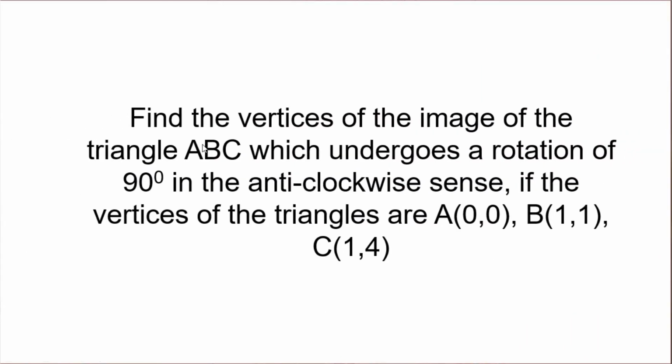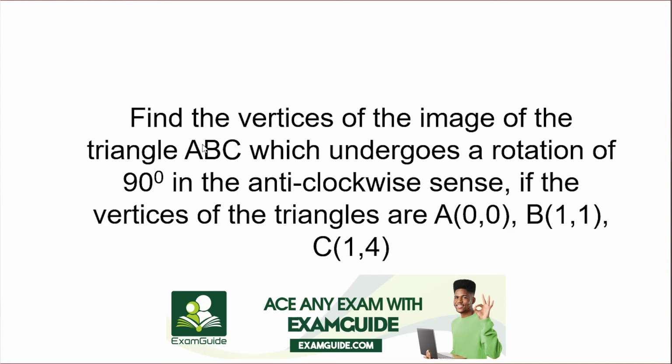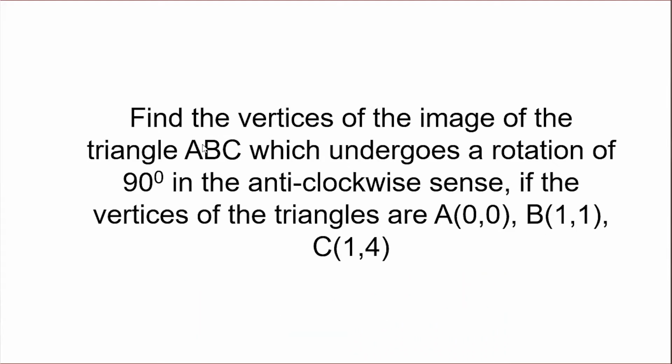Find the vertices of the image of the triangle ABC, which undergoes a rotation of what? 90 degrees in the anticlockwise sense. If the vertices of the triangle are what? 0, 0, 1, 1, 1, 4. You have to be tactical about this thing. What are we looking for?